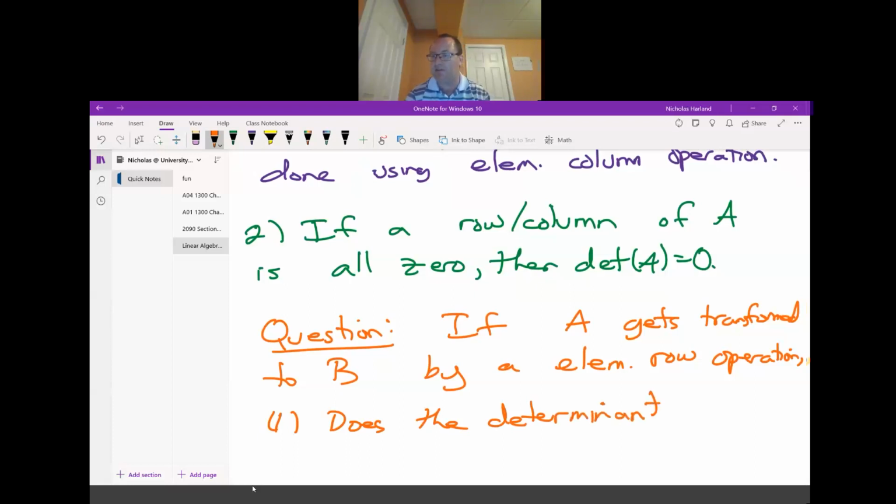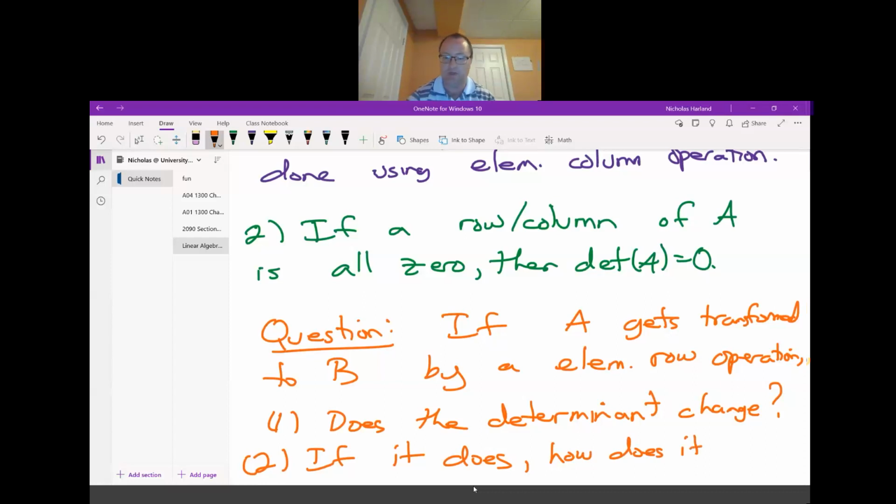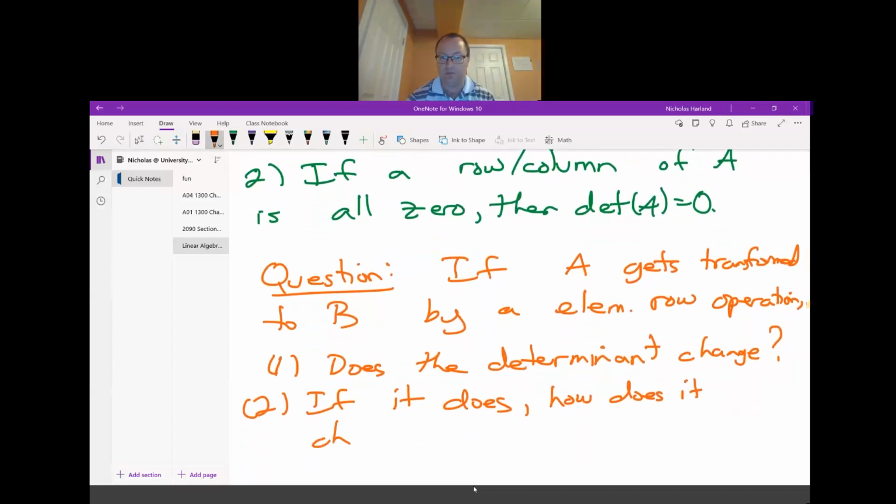That's something we had to be concerned about with solving systems. If you perform a row operation, did the solutions change? We saw before the answer was no. So we need to know, does the determinant change? Ideally, the answer is no. But if it does, that's not a big deal as long as we know exactly how it changes. So if it does change, how does it change? And that's what we need to know.